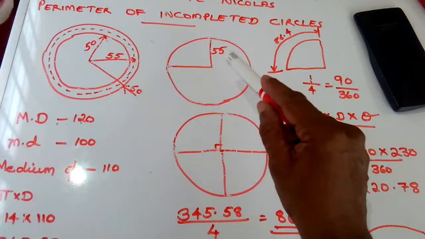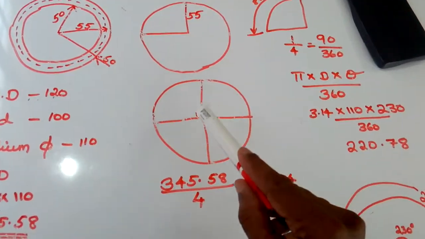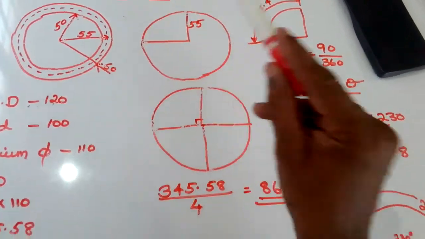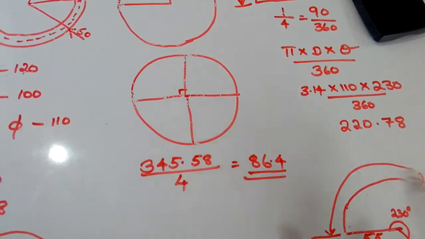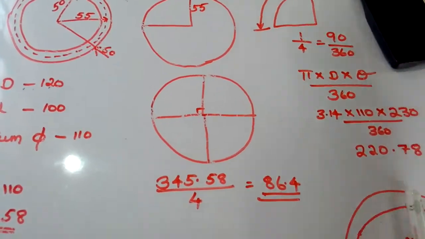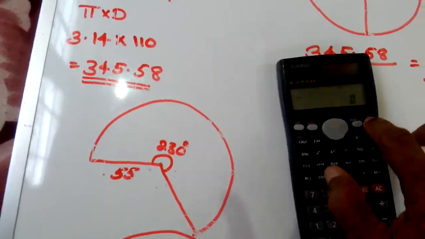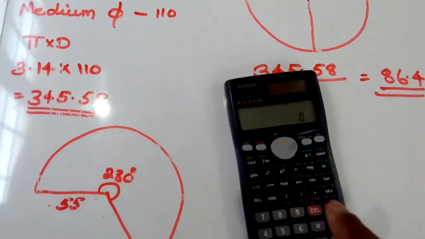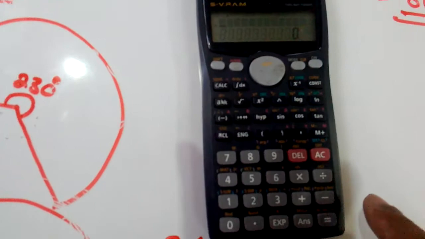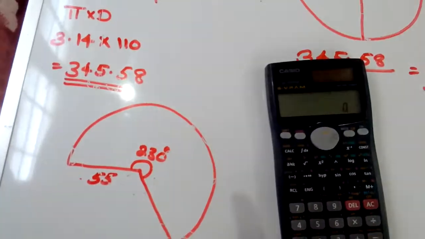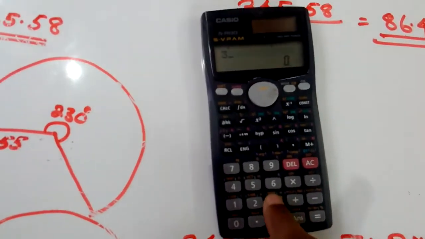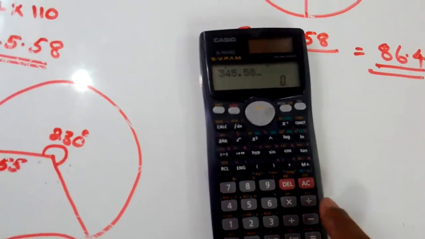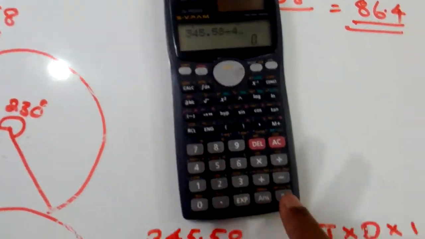If we use the same radius 55, the measurement of this portion will be 86.4, because it has to be divided by 4. Earlier we had found out 345.58 is the perimeter of the total round. 345.58 has to be divided by 4.